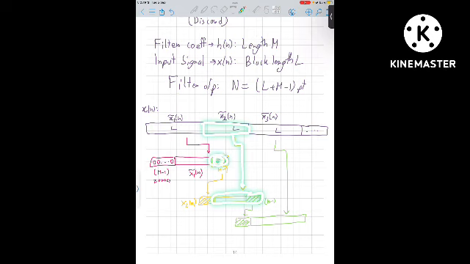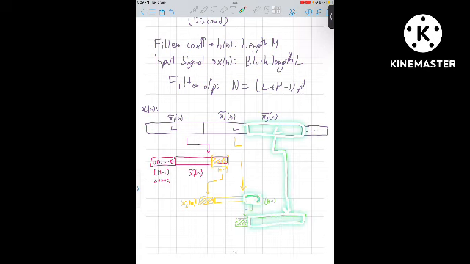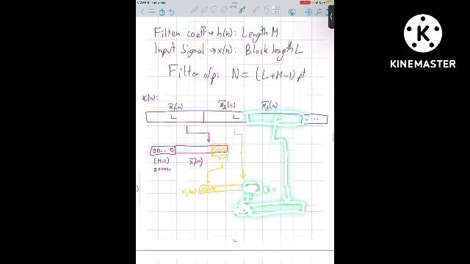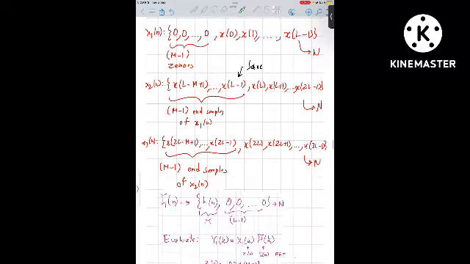So x1 of n is m minus 1 zeros, x of 0, x of 1, up to x of L minus 1. x2 of n is x of L minus m plus 1, we are taking the last m minus 1 samples, up to x of L minus 1, the m minus 1 end samples of x1 of n, then x of L plus 1 till x of 2L minus 1.